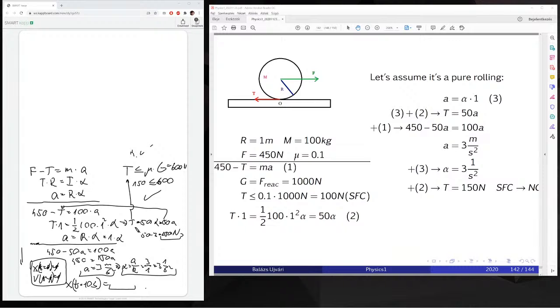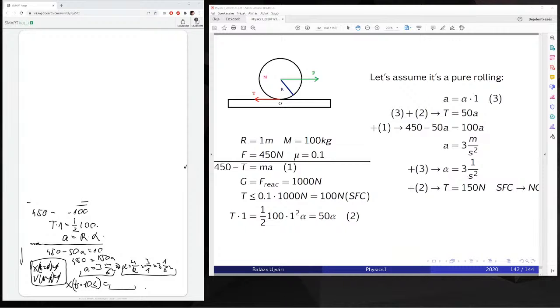All right. I make a bit more space here. So we have a body, and now it's only about translation.